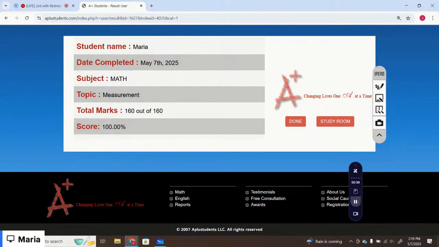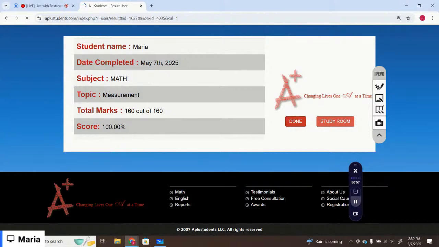Okay, we are done with the lesson. If you have any question with the lesson, you can please ask. We were working on paper one, and the chapter we were working on is measurement.